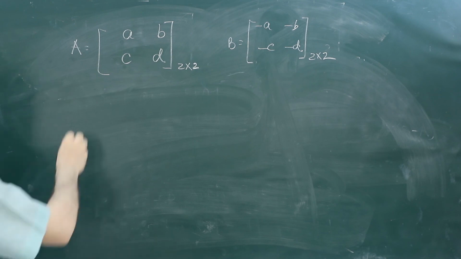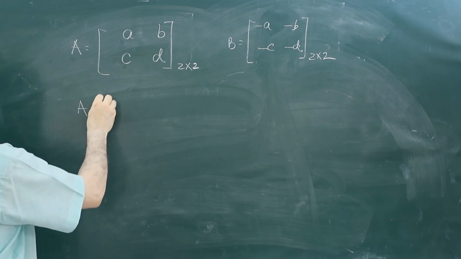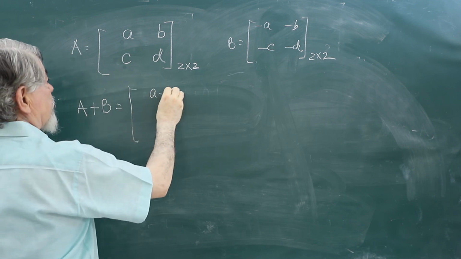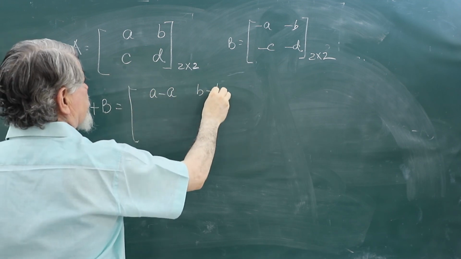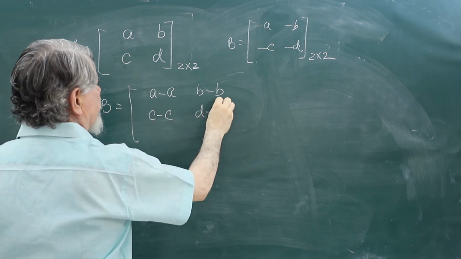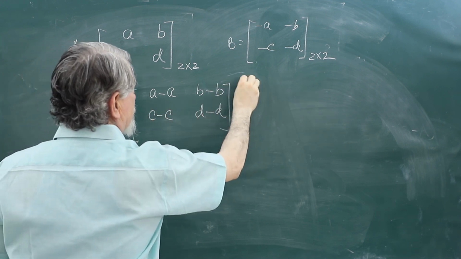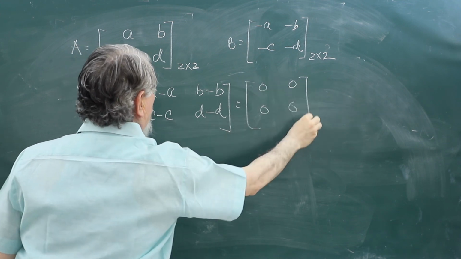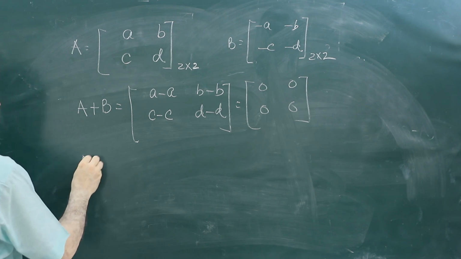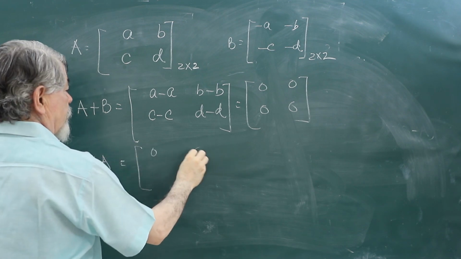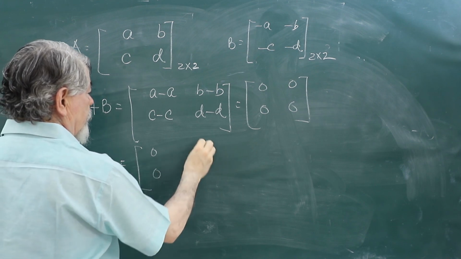If I add A and B, I will get a minus a, b minus b, c minus c, d minus d. It will be 0, 0, 0, 0. Or if I find B plus A, it will also be 0, 0, 0, 0.